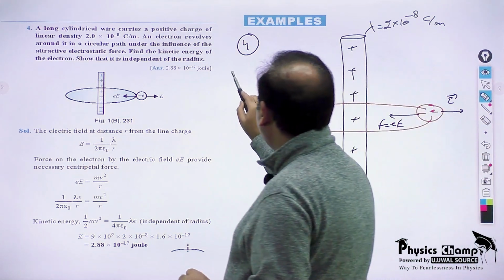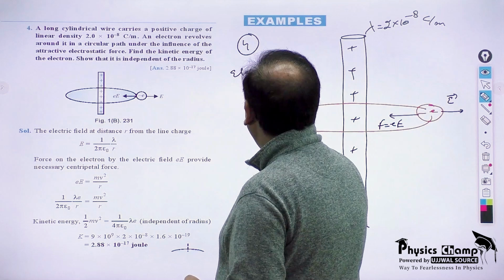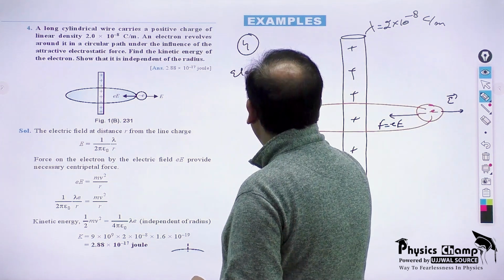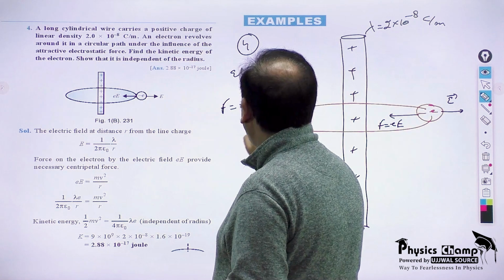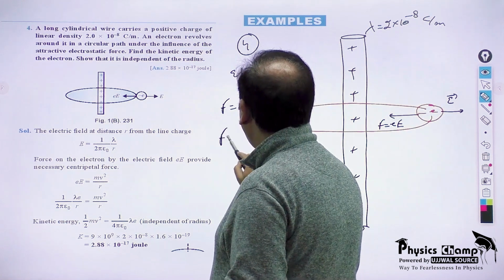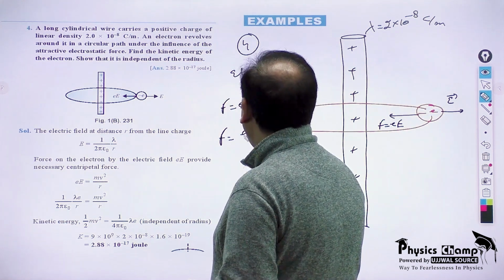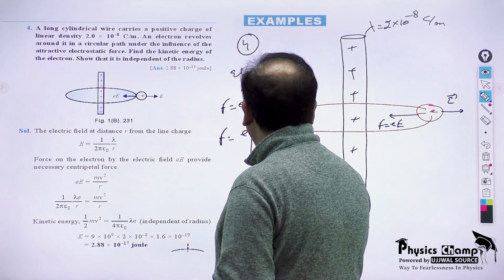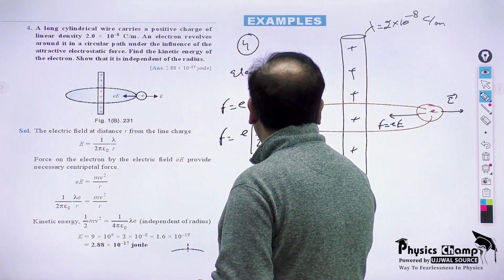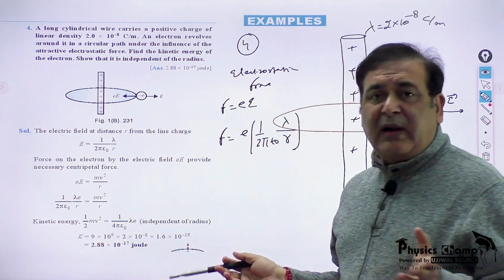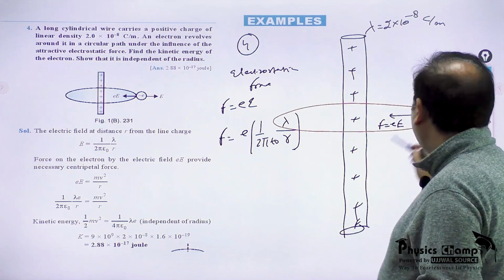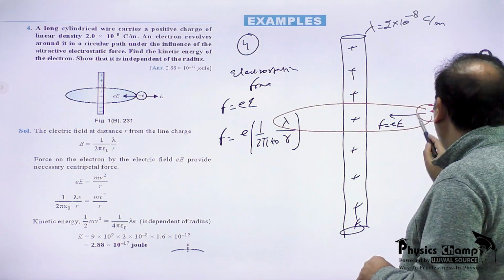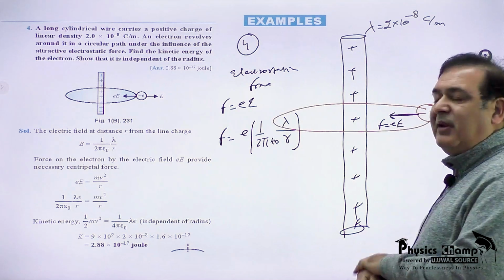So if I say what is electrostatic force, in this arrangement the electrostatic force on this electron will be e into 1 by 2 pi epsilon naught lambda by R. So it is going to experience an electrostatic force, but will this electron come inward towards the line charge due to this electrostatic force?